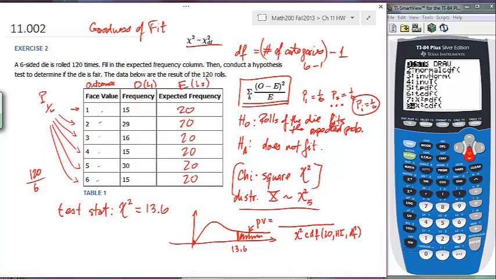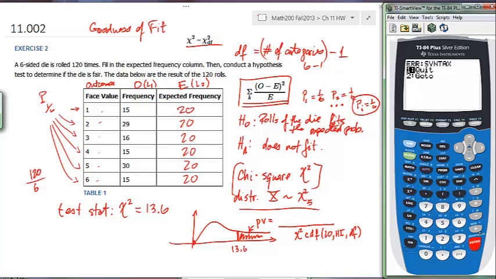Alright, so I'll select number 8. Oops, let's try that again. Let's select number 8, so that's chi-square CDF. Our low is 13.6.